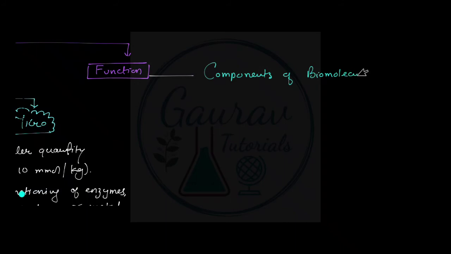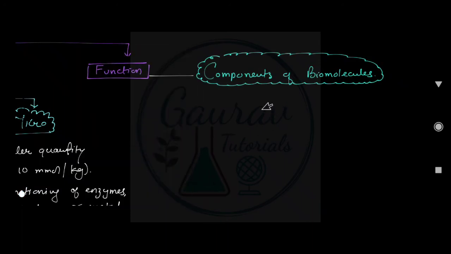As seen earlier, carbon, hydrogen, and nitrogen come together and give rise to biomolecules like carbohydrates, lipids, and all these things. So we have examples of the elements carbon, oxygen, hydrogen, and nitrogen.